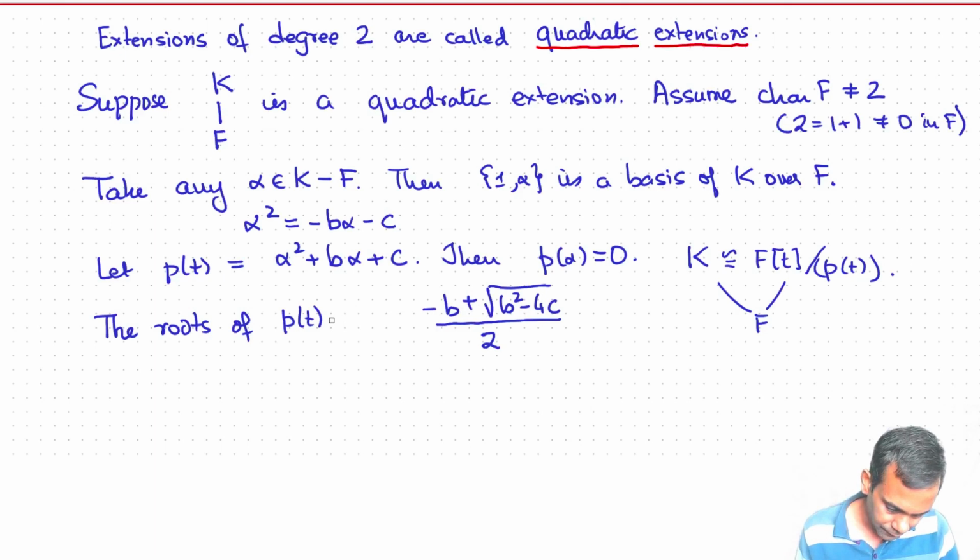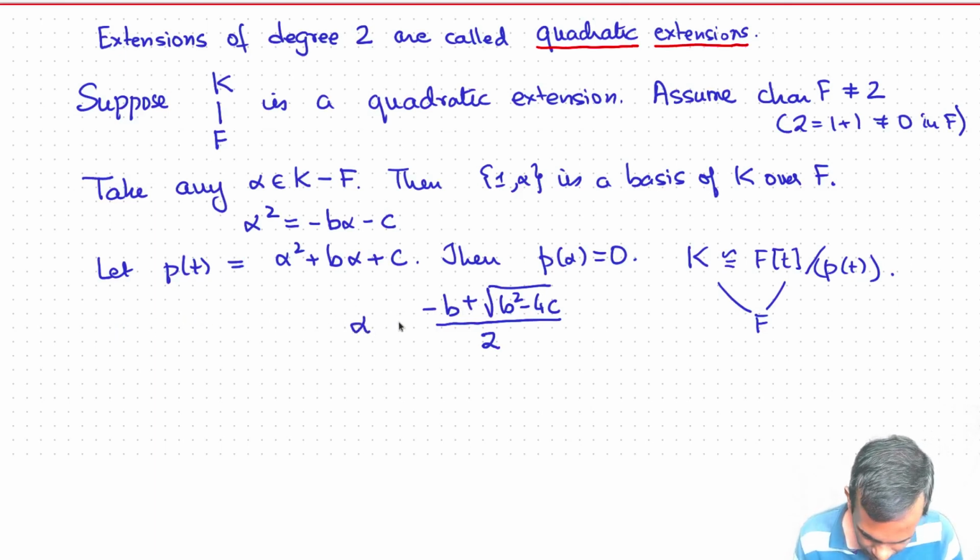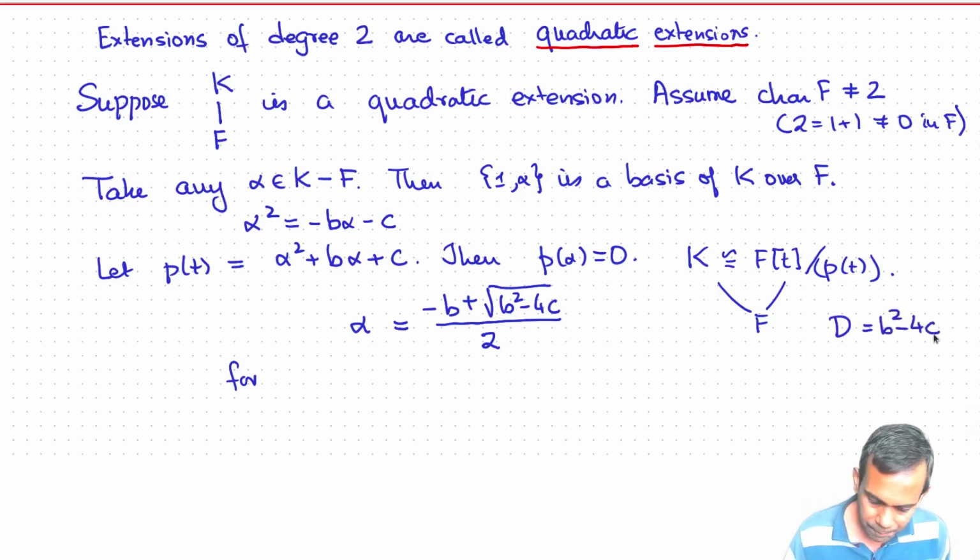So let's say we have alpha equals, for an appropriate choice, let's call this thing d, b squared minus 4c, and so this is minus b plus root d by 2 for an appropriate choice of root d.